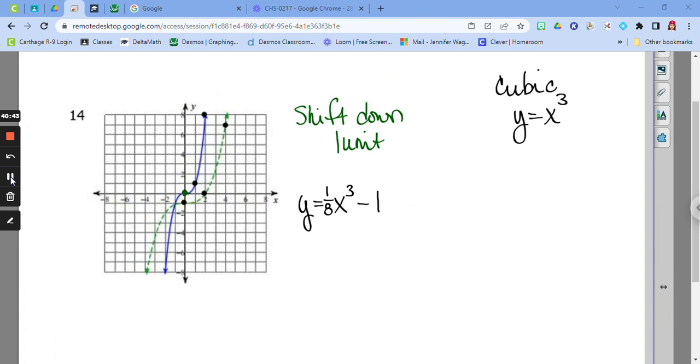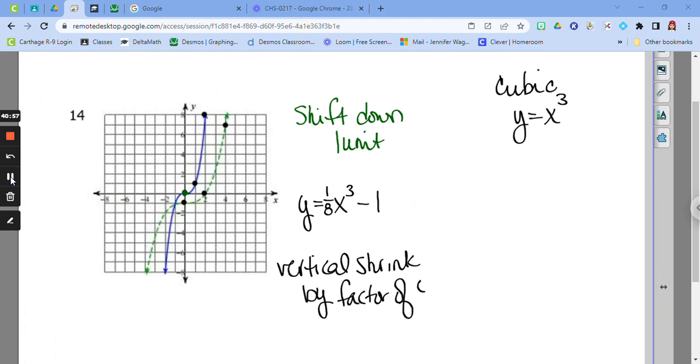If you do have any with a vertical shrink, if you do, they're going to be a lot more obvious. With the absolute value with the linear functions, those are easier to see.